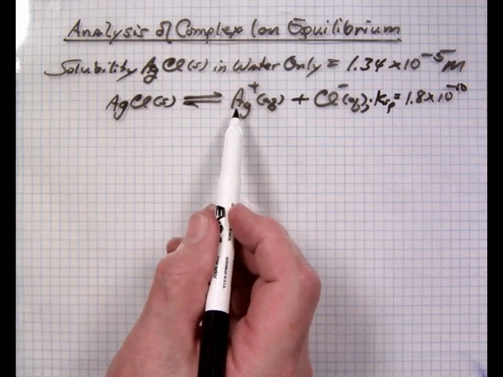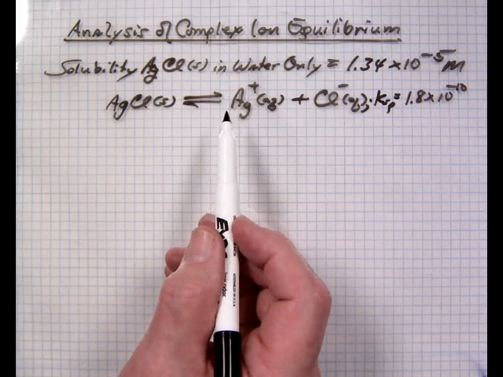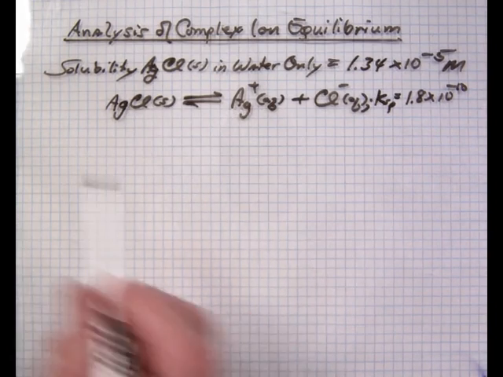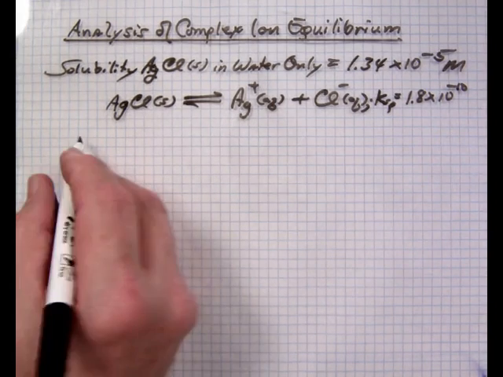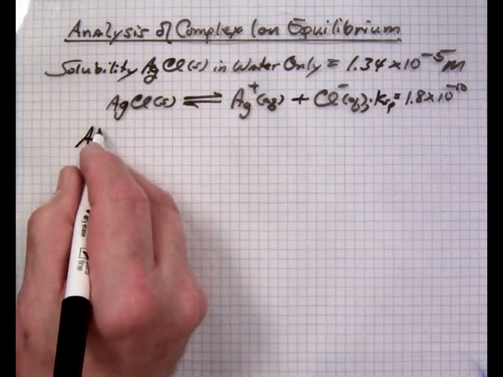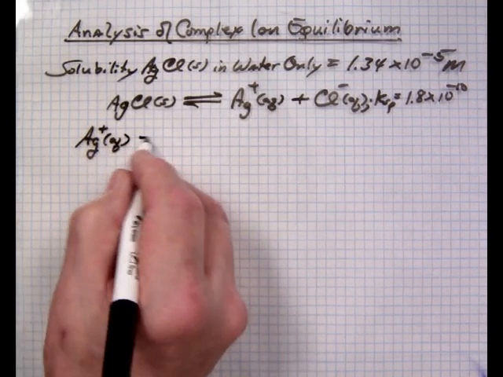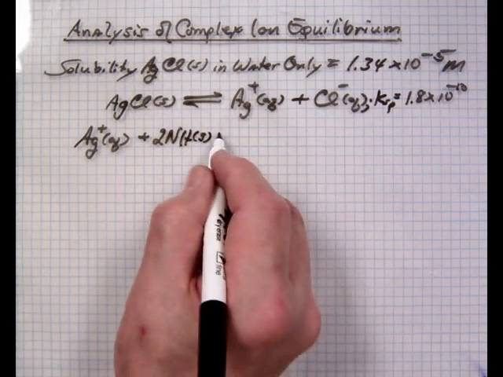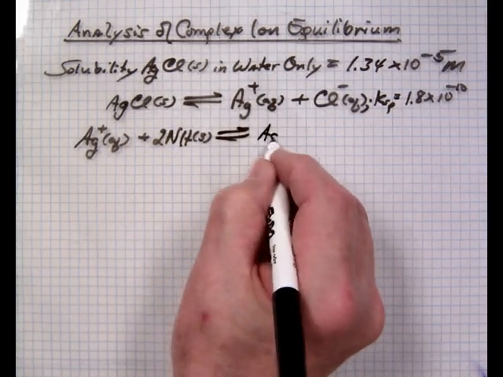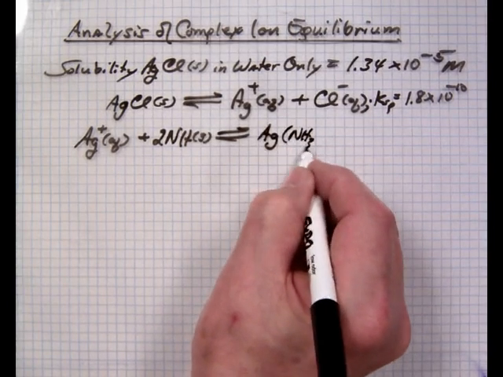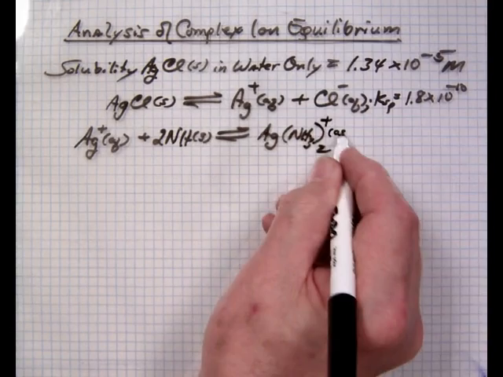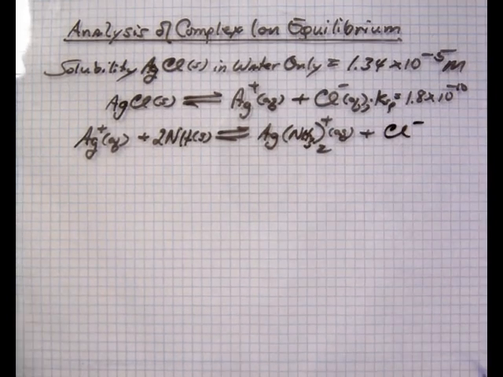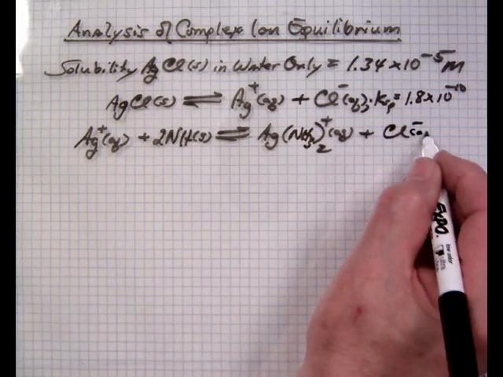Now the silver will react very quickly with ammonia if it's passed through the solution that contains silver and chloride ions, and that silver ion will react very quickly with ammonia gas passing through, aqueous if you want, and it'll form the silver amine complex in solution, and we'll have also chloride, aqueous.